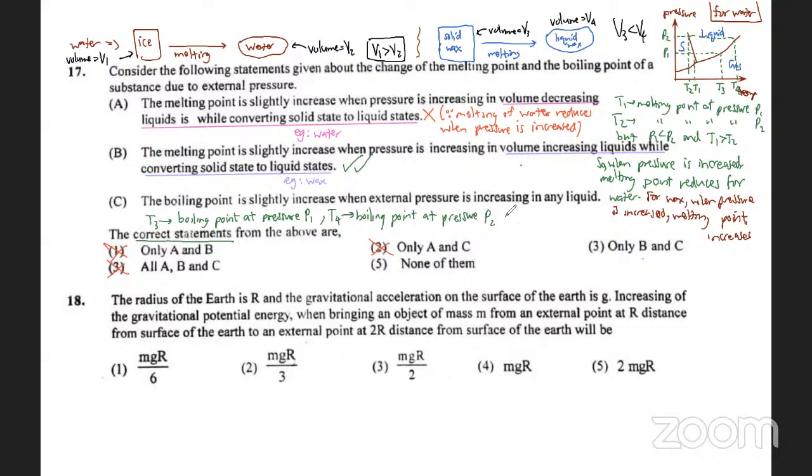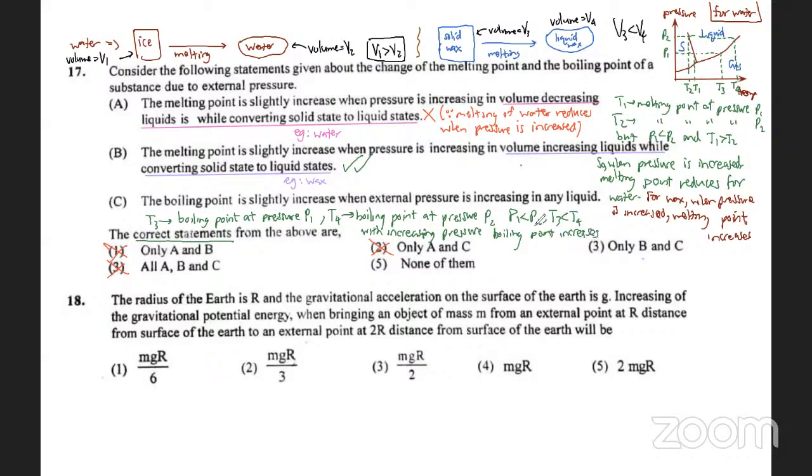So obviously P1 is smaller than P2, and T3 is smaller than T4. So with increasing pressure, what happens? With increasing pressure, boiling point increases. So that statement is correct for water, people.